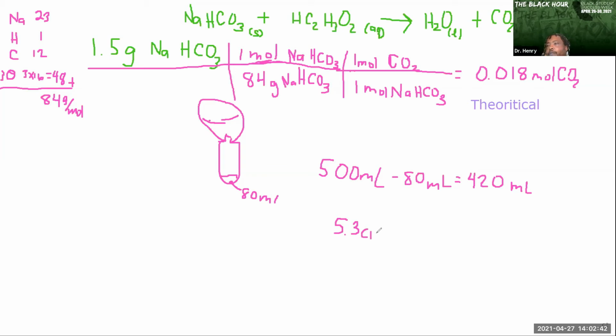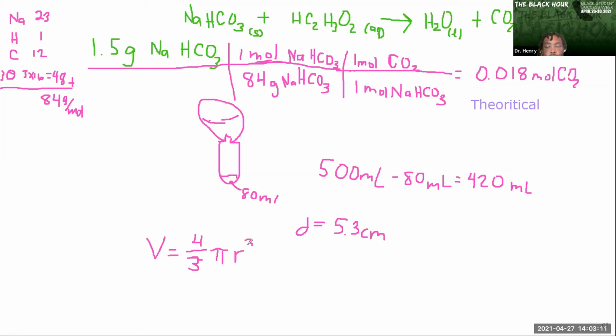Okay, so our diameter equals 5.3. We know that when we're calculating the volume of a sphere, and we're going to assume that your balloon was a sphere, it's 4/3 times pi r cubed.